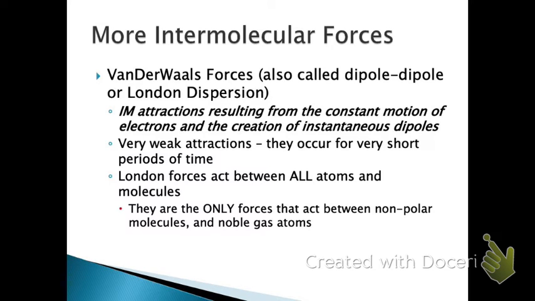So these are the only types of intermolecular force that happen in every type of molecule, especially in non-polar molecules and noble gases, because in non-polar molecules, we don't have dipoles that cause that other type of intermolecular force. All right, so they happen in all molecules, but they are by far the weakest type.